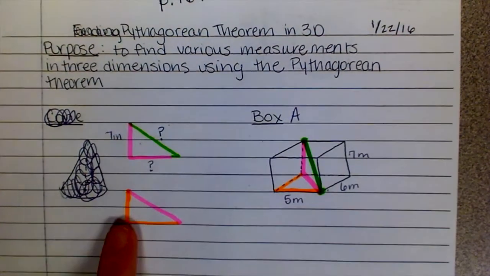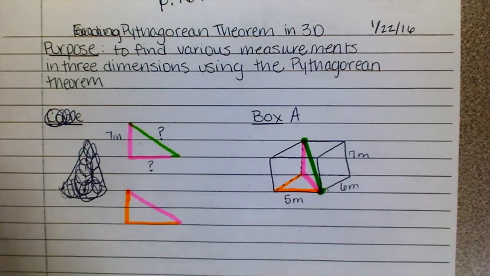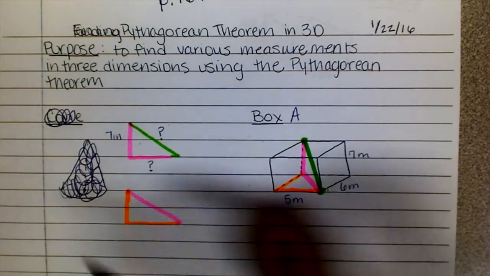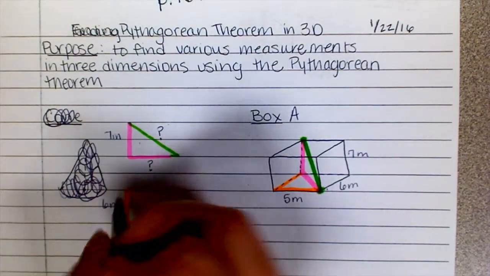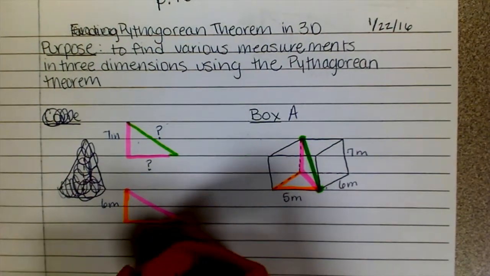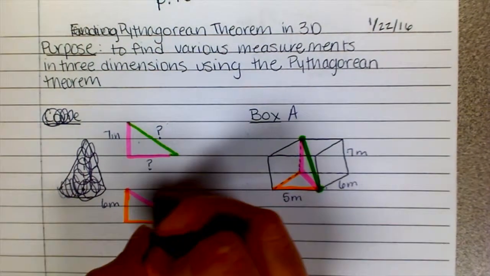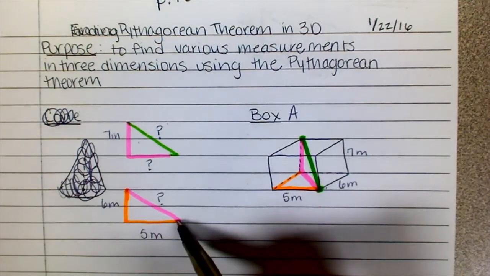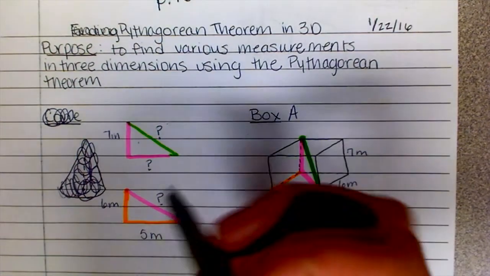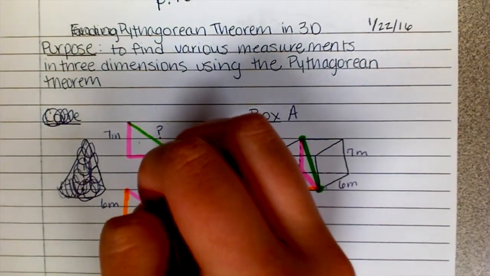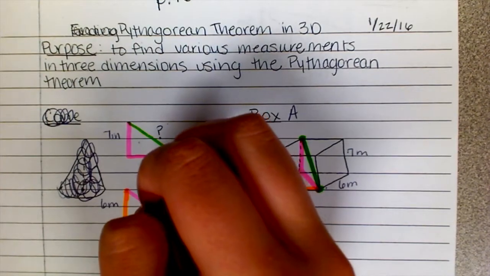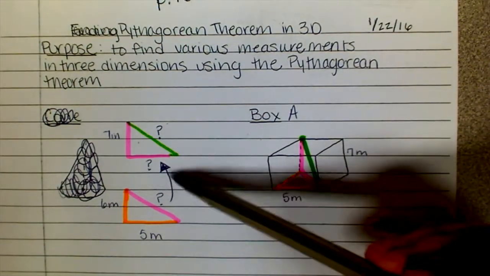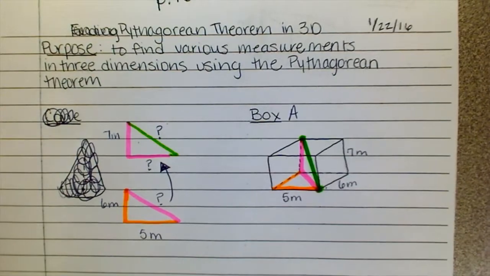You have 2 orange legs and a pink hypotenuse. This orange leg is 6 meters, and this orange leg is 5 meters. And we need to know the pink hypotenuse. And this pink hypotenuse is the exact same answer as this pink leg up here.